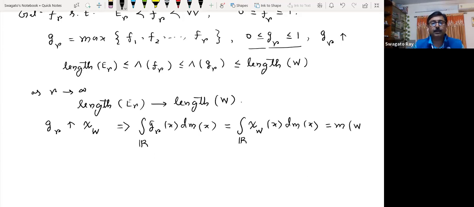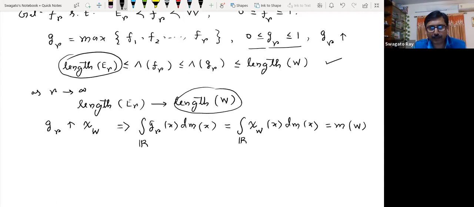Okay. Now look at the upper inequality here. You know that the lengths of ER are going to the length of W. That means this guy, this lambda GR, is also going to W. Correct? But what is lambda GR by this representation theorem?